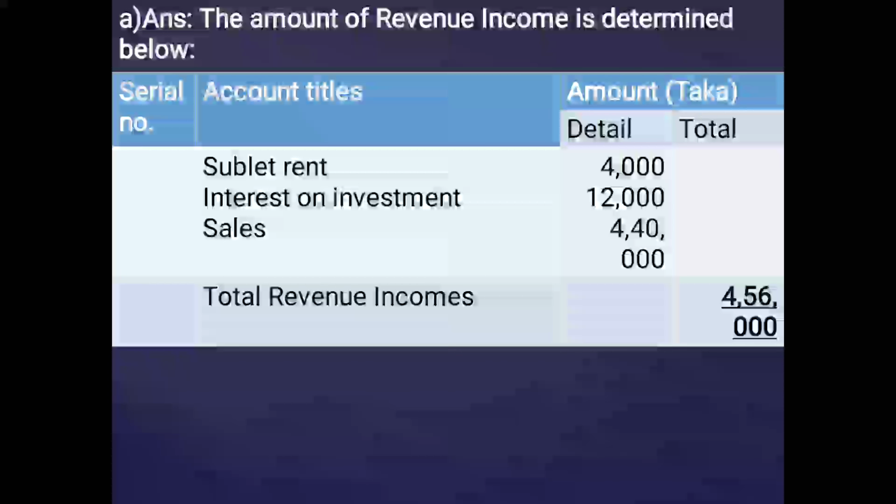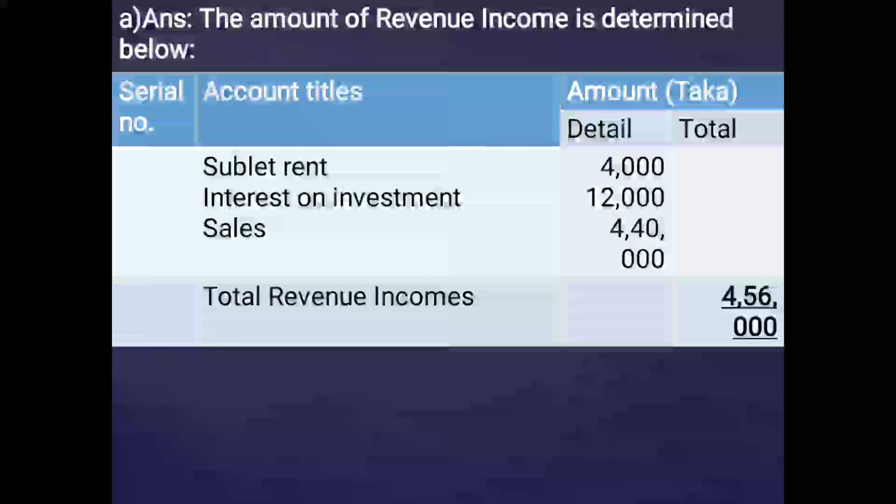In total, 3 items are available in this case for revenue income, or income of the business. Number 1, sublet rent, that is rent received from a subtenant; it is revenue income at all times.